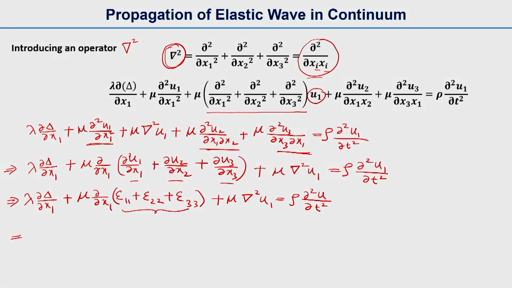From here again we can combine this term and this term, because this lambda and this mu, and this part is similar to this. From here we took this, and this entire thing also gives us the same thing, because that is delta. This is equal to delta, epsilon 1 plus epsilon 2 plus epsilon 3.